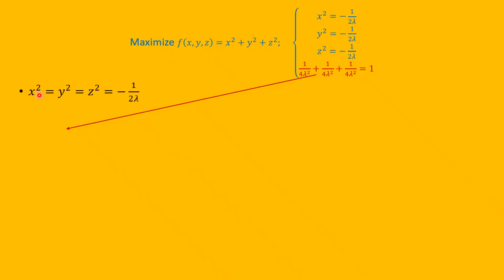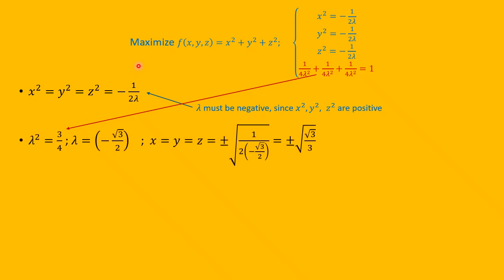So we saw before that x squared equals y squared equals z squared was minus 1 over 2 lambda. Well, if we look at this, the square of a real number is never negative. So this quantity right here has to be either 0 or positive, since x squared, y squared, and z squared are positive. These are positive numbers, so this has to be a positive number also.